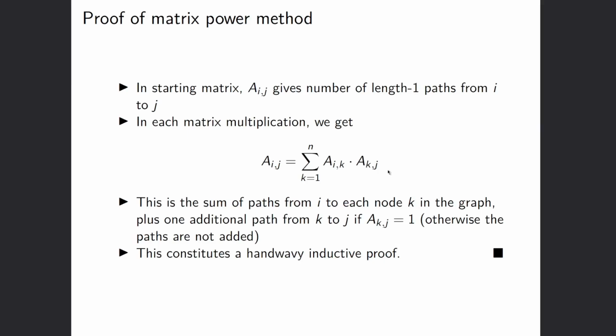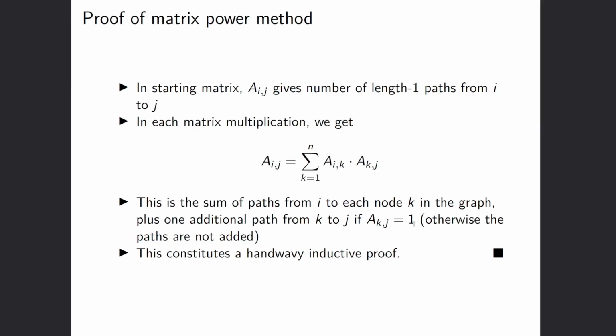So basically what this is doing, we have at this point the sum of all paths from i up to other nodes k, right? And now we want to take the sum of all paths from those nodes back to j, because what we care about is really from i to j. And we'll only do this if there is a path from k to j in one step, because that'll be 1 if there is, and otherwise it'll be 0, and we won't count that.